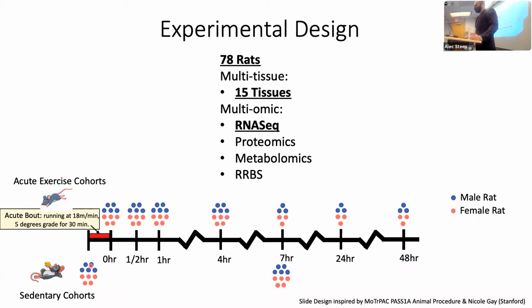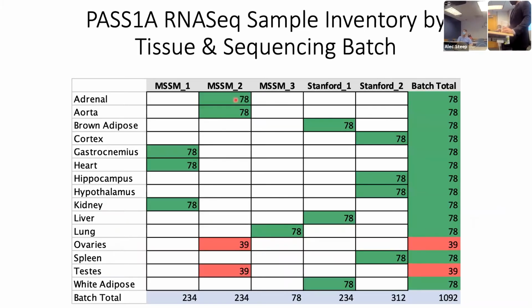In total, if you were to add all these dots up, we have 78 rats, 15 tissues, and this is a multi-omic study. We're dealing with bulk RNA-seq, not single-cell RNA-seq. We also have proteomics, metabolomics, and bisulfite sequencing.